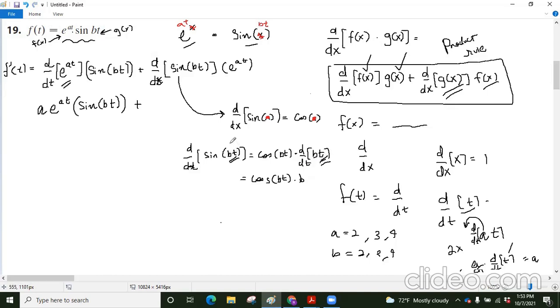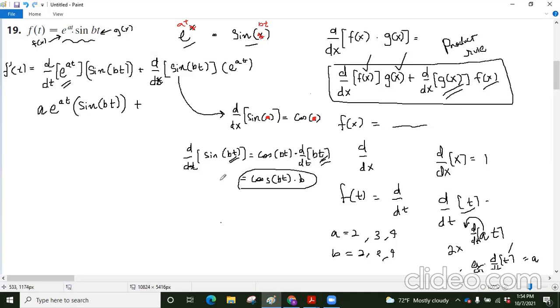What we did was say the derivative of sine of bt is cosine of bt, just like the derivative of sine of anything is cosine of that anything, times the derivative of the inside of that anything. And the derivative of b times t is just b, because the derivative of t is 1, so b times 1 is just b. So that's our answer.